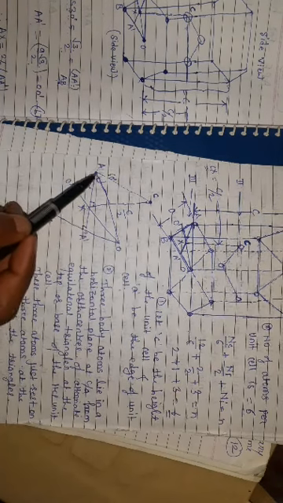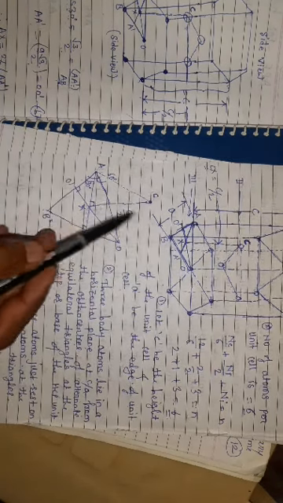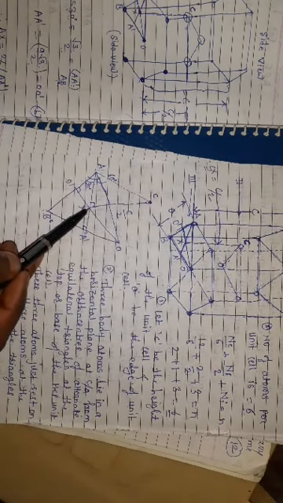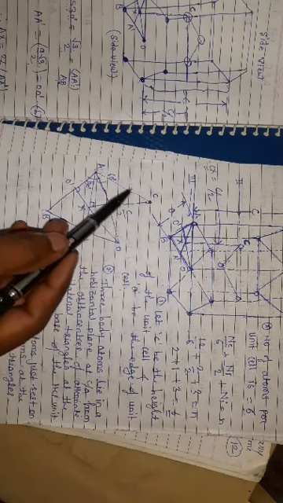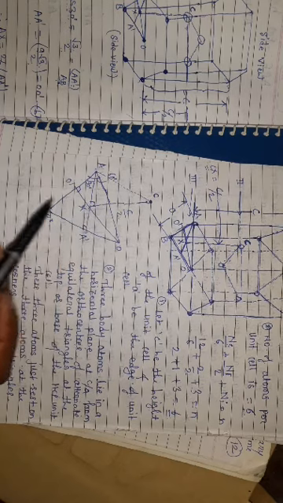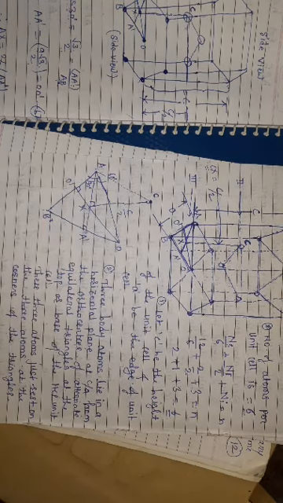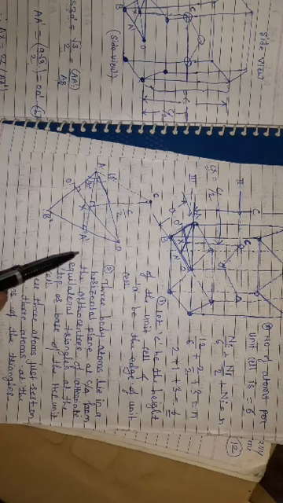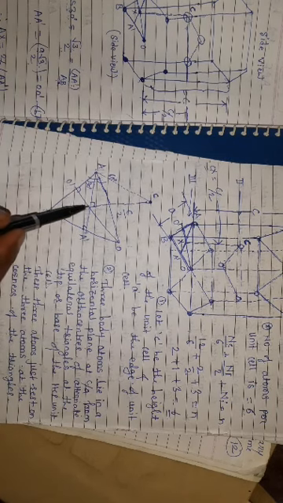This is also a right angle triangle. Using Pythagoras theorem in this triangle, to find out the value of AX. Is it right? To find out the value of AX.